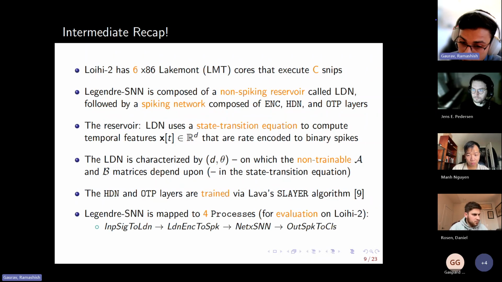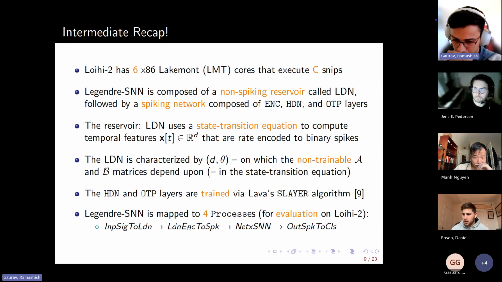Once the Legendre-SNN is trained, you can map it to 4 different processes for evaluation on Loihi-2. The first process is input signal to LDN, followed by LDN encoding to spike, then the NetX-SNN, followed by the output spike to class process. Good. We will be discussing more in the discussion round, so please note your questions if you have any, and we can get back to them later.